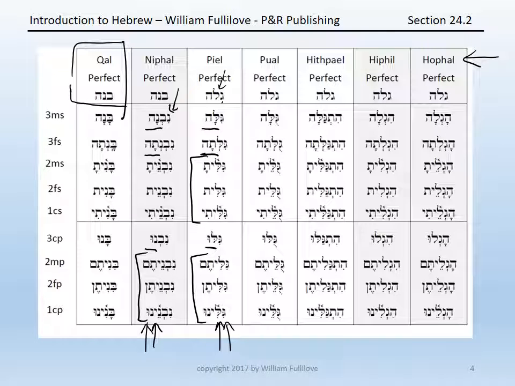The Pual shows the same basic behavior, a doubled second root letter, and in the Pual, the passive form, the u vowel underneath the first root letter. Gula, gulata, guleta, gulet, guleti, gulu, guletem, gulet, gulenu.